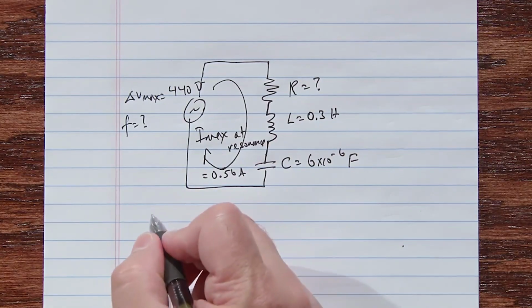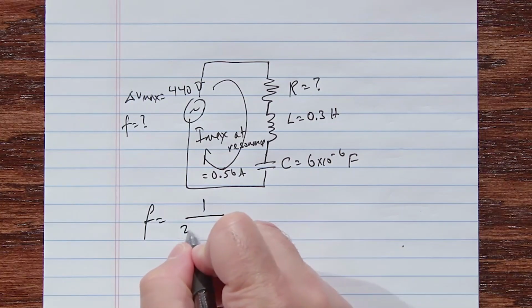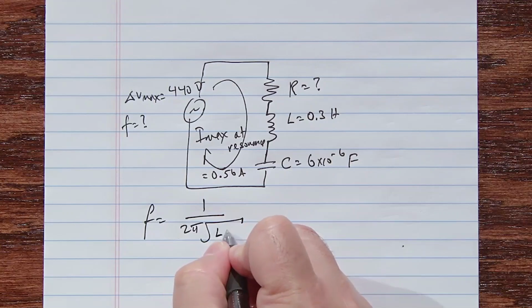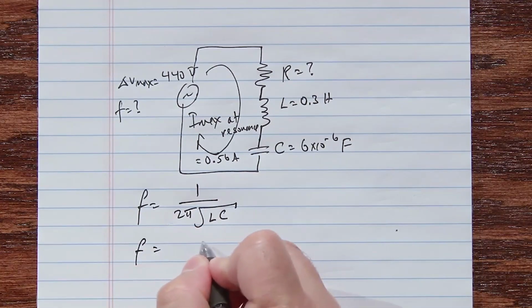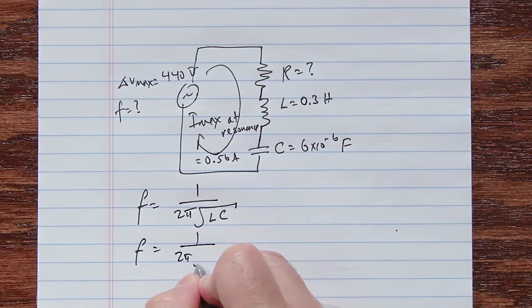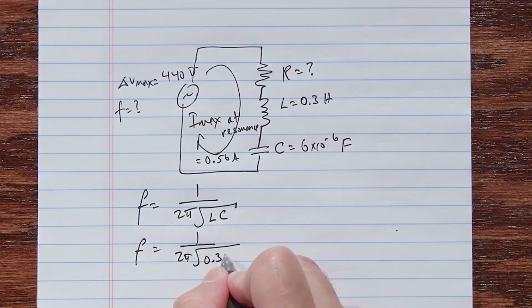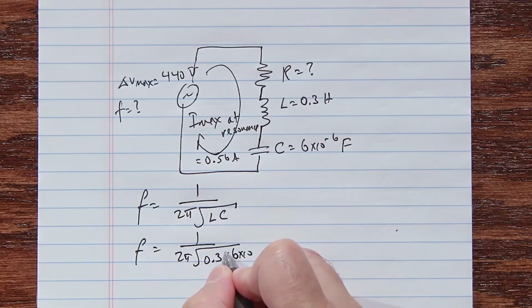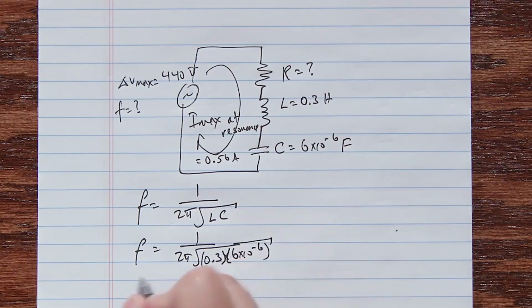Okay, what is the resonant frequency? The resonant frequency is 1 over 2 pi times the square root of L times C. So the resonant frequency is 1 over 2 pi times the square root of 0.3 times, let me do my parentheses, 6 times 10 to the minus 6.